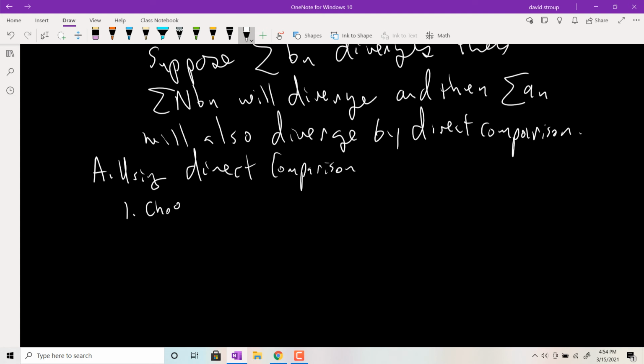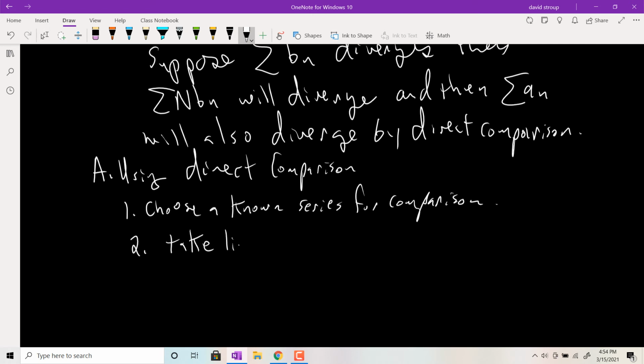So choose a known series for comparison. Secondly, then, produce the ratio and take the limit. And then thirdly, if the limit is finite and greater than 0, then both series have the same behavior.